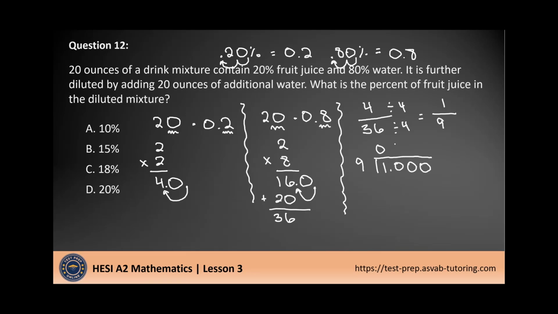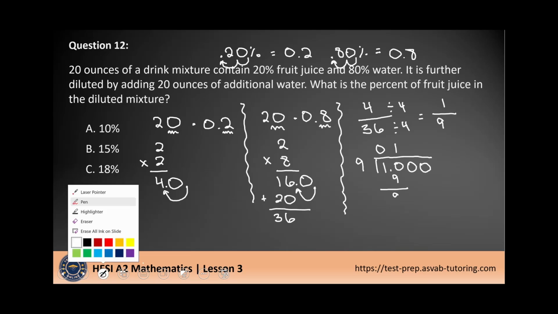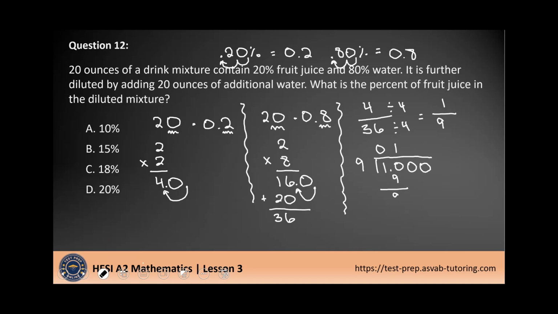9 goes into 10 one time. 1 times 9 is 9. 10 minus 9 is 1. Bring down a 0. 9 goes into 10 one time. 1 times 9 is 9. 10 minus 9 is 1, and you can see we're going to get this repeating pattern once again.